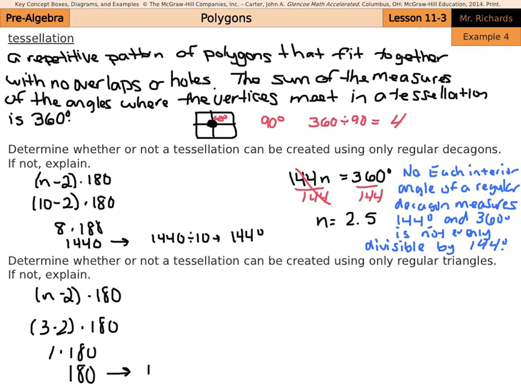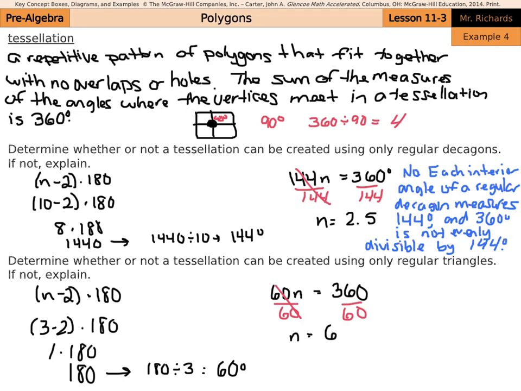And so if I take that 180 and divide by the 3 angles, I get 60 degrees. So each angle is 60 degrees. If I set 60n equal to 360, I can then divide by 60 on both sides, and I get n equals 6.